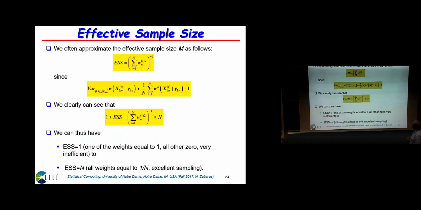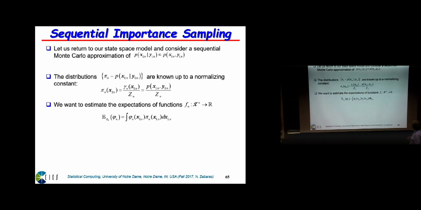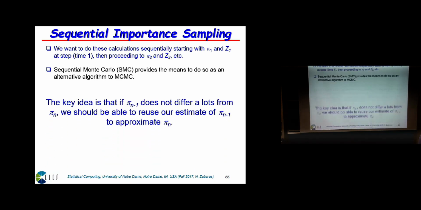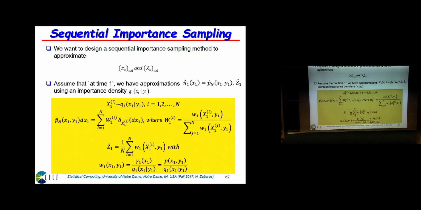I'm going to come back to these equations. But let's try to give you something concrete so you can sleep with. So here's the idea. We sample x1 from this normalized posterior at time 1.